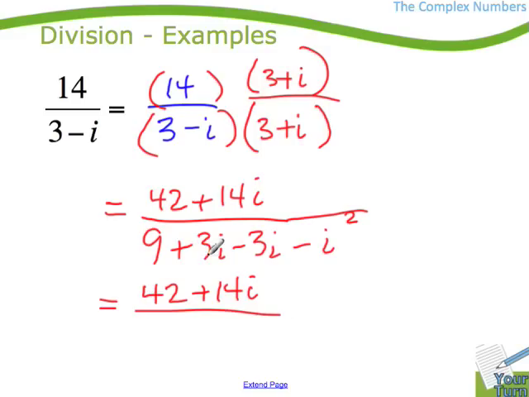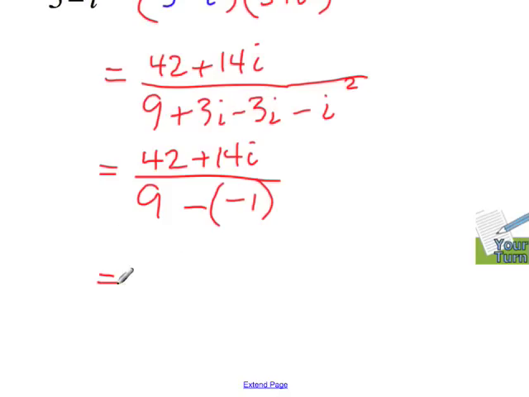However, on the bottom, 3I minus 3I cancels, so that's 9 minus. And we said I squared, I can always replace as -1. So I have 42 plus 14I over 9 plus 1, or 10.